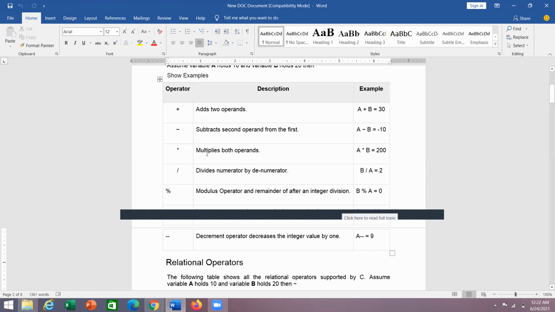And in addition, one value is added to another value.